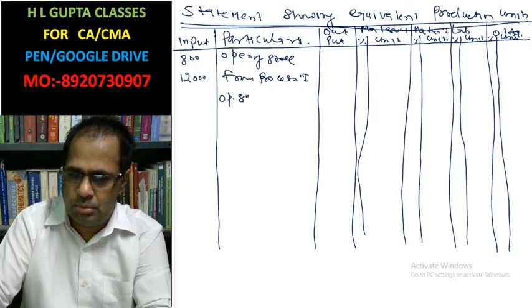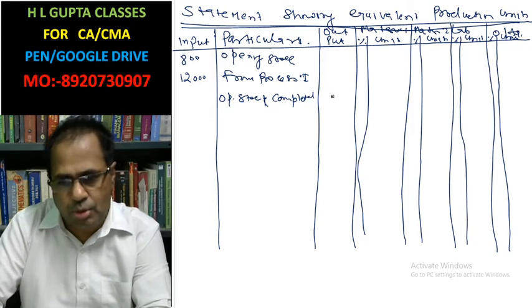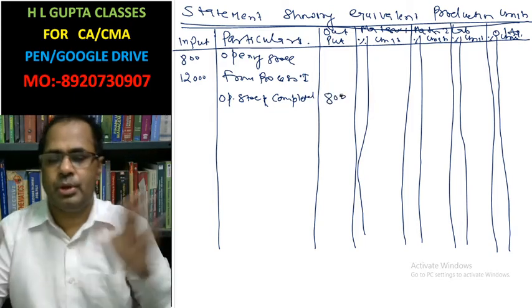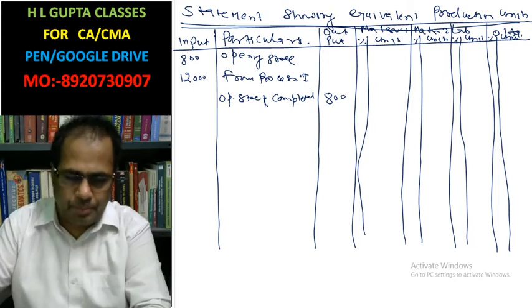Opening stock completed, look at it, opening stock completed, this is 800. Please try to understand in this case.